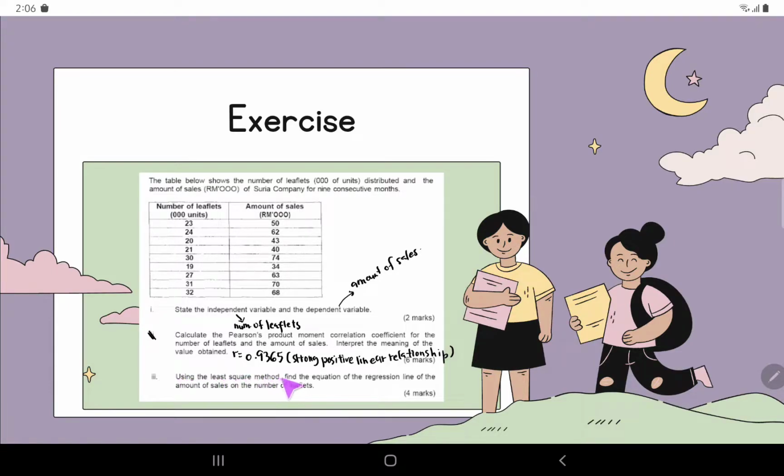Then we proceed with the third question. Using the least square method, find the equation of the regression line of the amount of sales on the number of leaflets. Find the equation of the regression line, meaning that we need to find our y equals a plus bx. So we need to find a and b first.